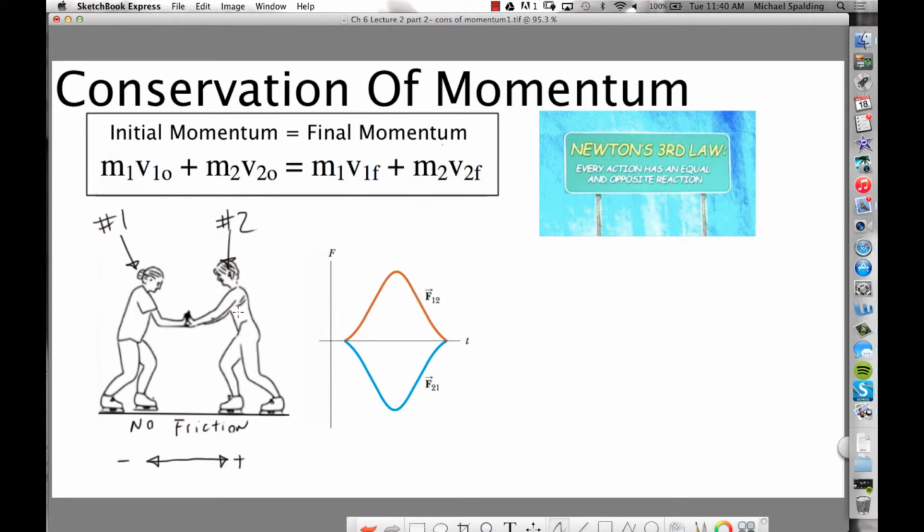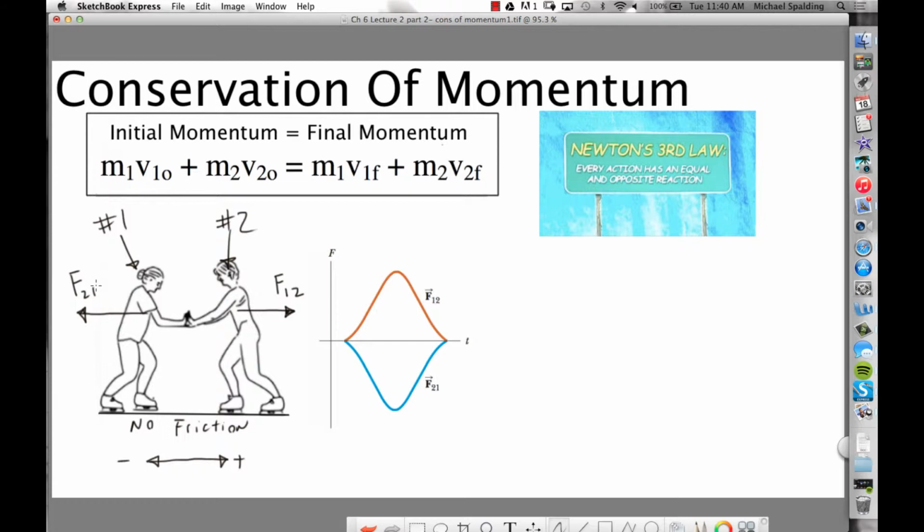So guy number 1 exerts a force on guy number 2. We're going to call that F12. The way you interpret that, it's the force from guy 1 on guy 2. And then guy number 2 is exerting a force this way. We'll call that F21, meaning the force from guy number 2 on to guy number 1.